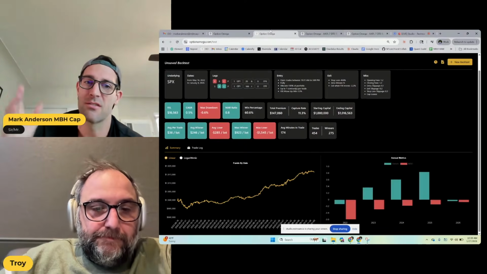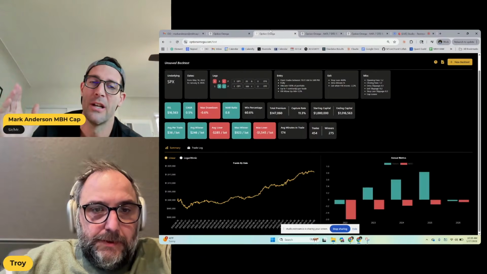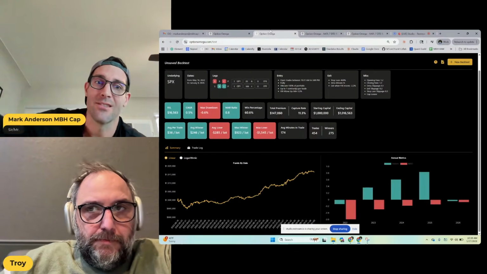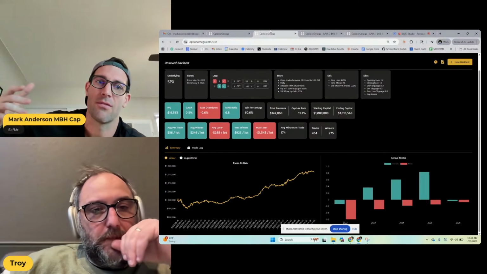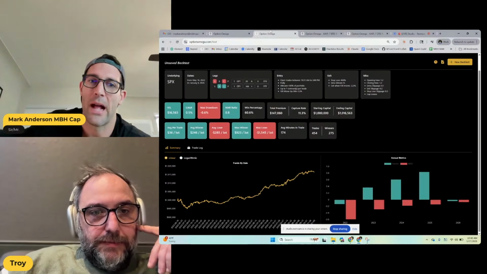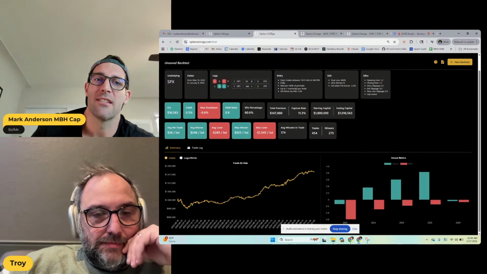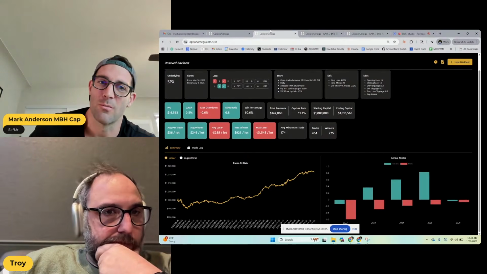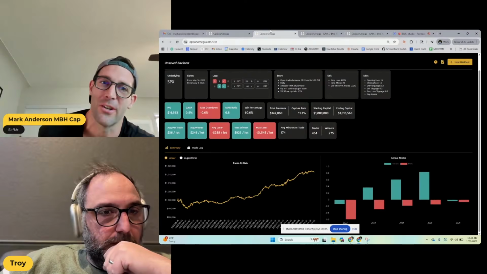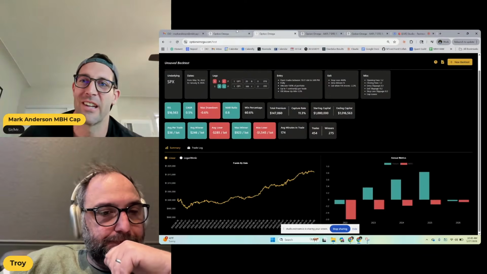Palantir is obviously up like 200% or whatever, and it is a cheaper form of leverage. If you want to just own Palantir, I don't necessarily have a huge problem with that, but you can't do that as a long-term solution for wealth. It may work for a year or two, but it's eventually going to get you.